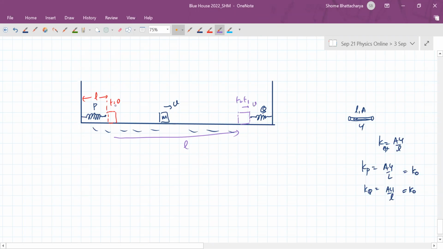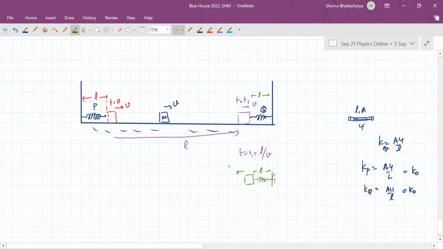So it will reach here at t1 equal to L by V. Now it has to compress that spring and come back to its natural position. When will that happen? At half the period for such a spring mass system, to come back to natural length.